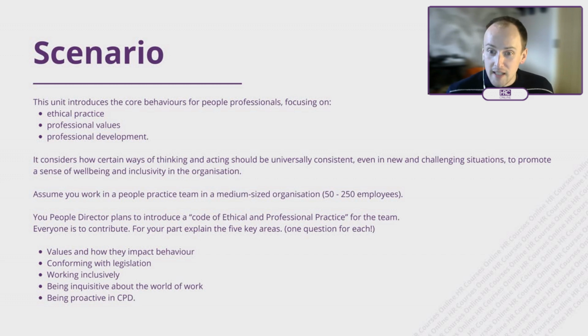Those are looking at the 3 points we mentioned above, but broken down here into 5 points of values and how they impact behavior: conforming with legislation, working inclusively, being inquisitive about the world of work, and being proactive about continued professional development.